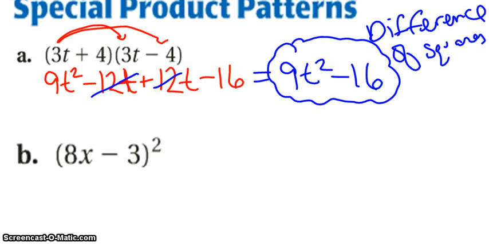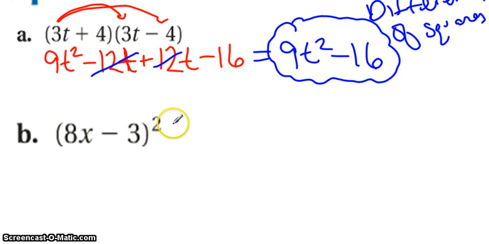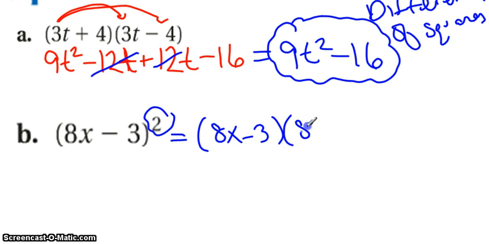Okay, and then what about this one? What about b? What does that squared mean? It means you have two of them, right? You have two of these factors. So expand it so that you can see that better here, and then when you just FOIL.